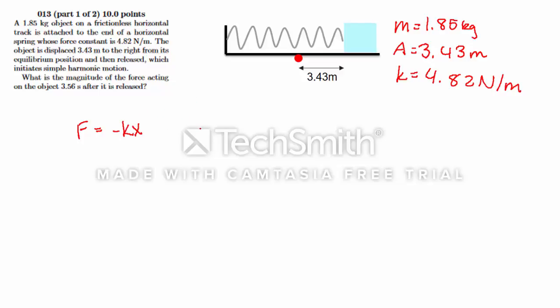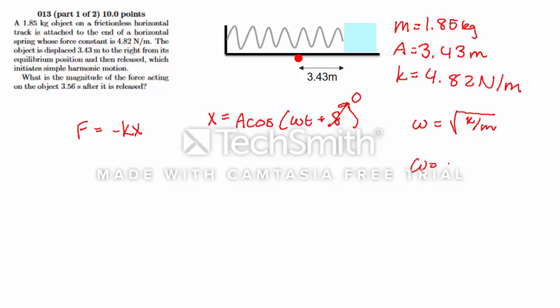So we can go to our lovely equation for position, which is a cosine of omega t plus delta. And we know since time starts when it's at its maximum position, we know that delta is going to go to 0. So we need omega now to plug in for x. We know that omega equals the square root of k over m.